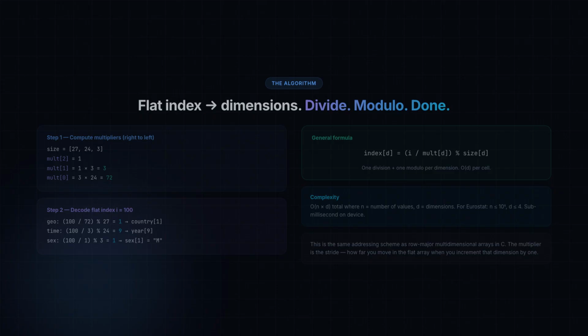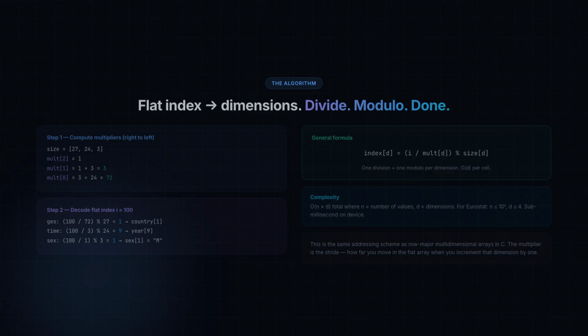For a three-dimension dataset with sizes 27, 24, 3, the multipliers are computed right to left. The last multiplier is always 1. The innermost dimension increments by 1 per step. The second multiplier is 1 times 3, which is 3. The first multiplier is 3 times 24, which is 72.